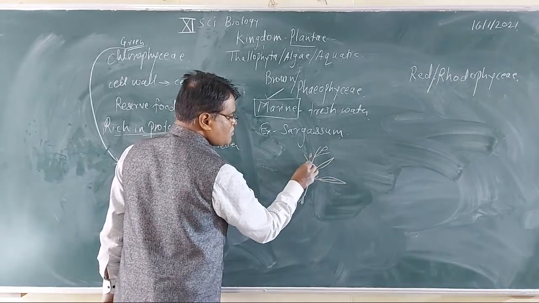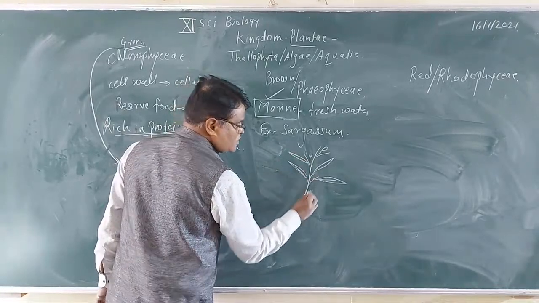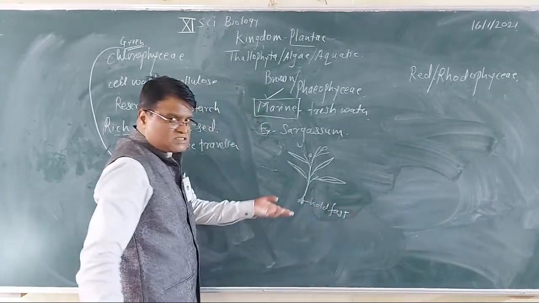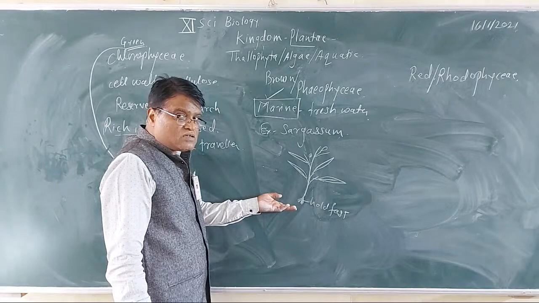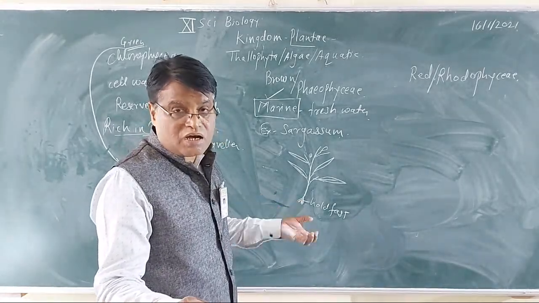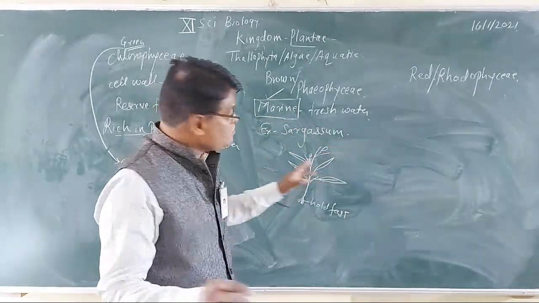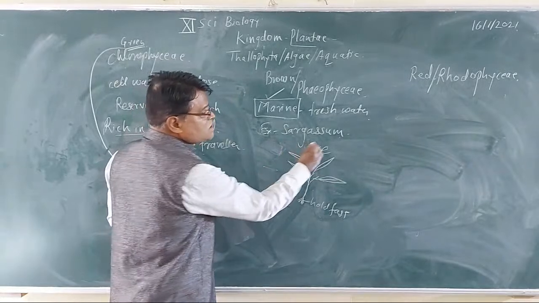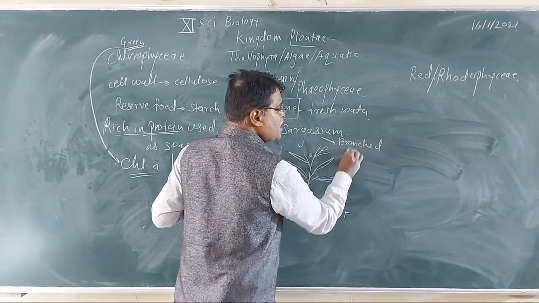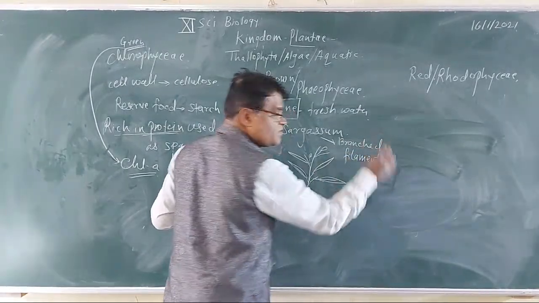Here are the air sacs, and there is a holdfast, sargassum floating. You know very well the 60-meter long sargassums are seen in marine. It's very big, isn't it? It is the branching one. It's branched and filamentous.